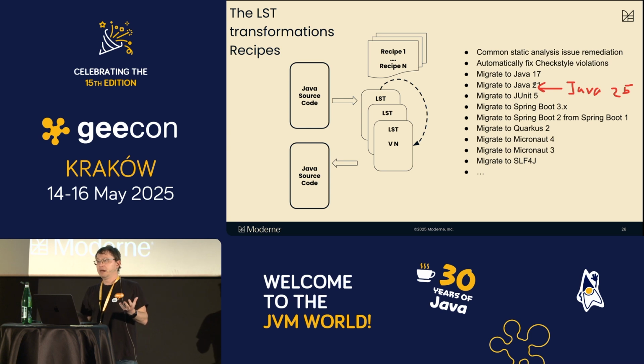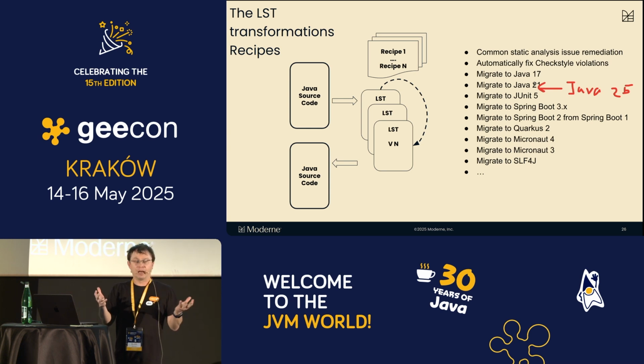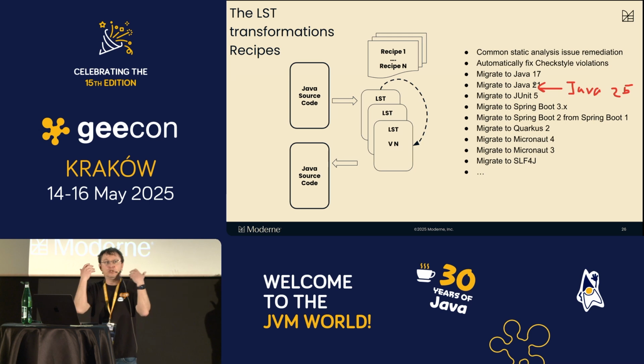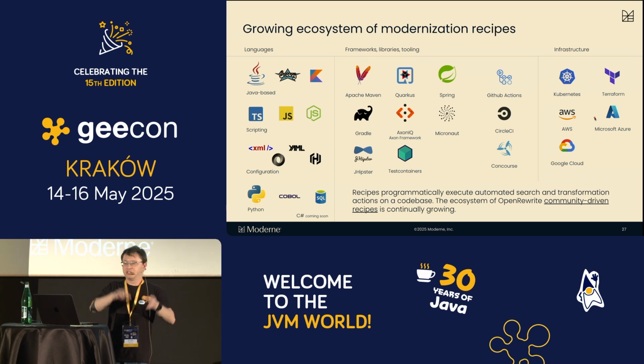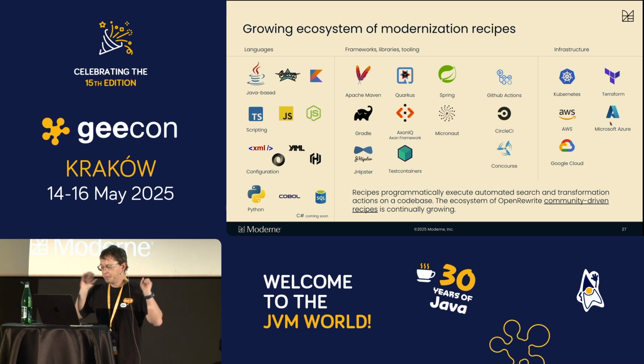Most of them have been written by the community, and they're open sourced. But companies that have some internal frameworks use this product to write their own internal recipes for their internal frameworks or codebase migration. And we have an ecosystem that could be split into recipes that support languages, frameworks, libraries, tooling, and also some infrastructure like JSON modification, Maven, Gradle scripts, and so on.